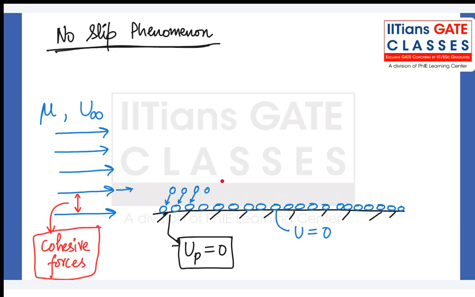So they will decrease their velocity. This bottom layer is at 0, and this top layer will be at a little bit more than 0. It will have some velocity, but a little bit more than 0.